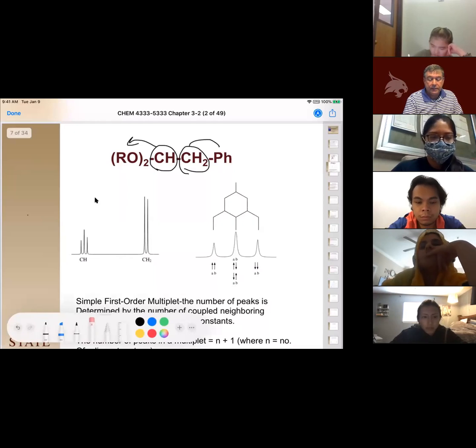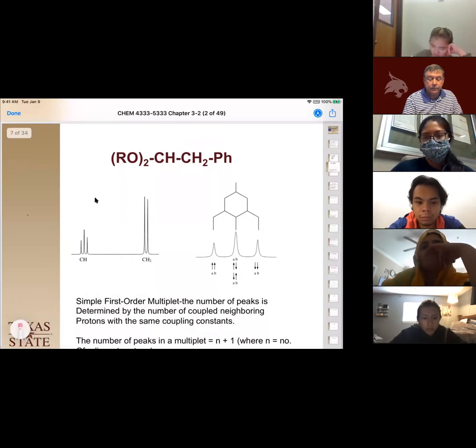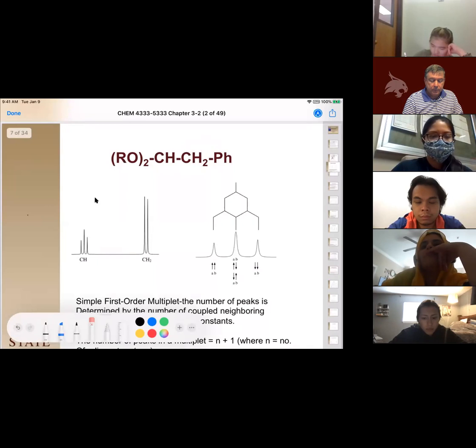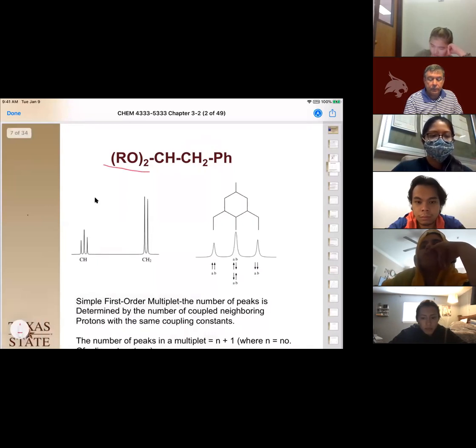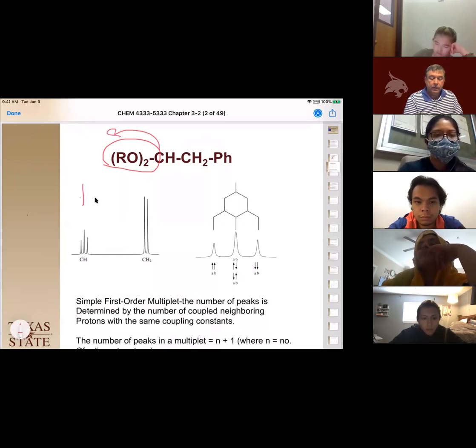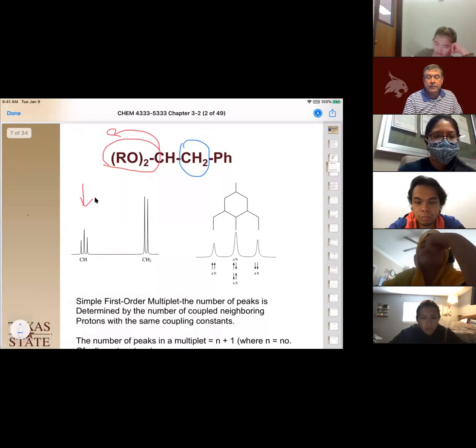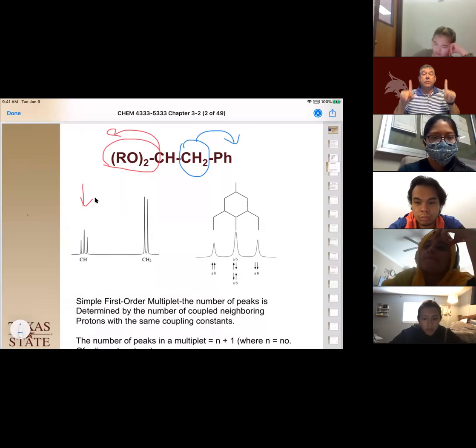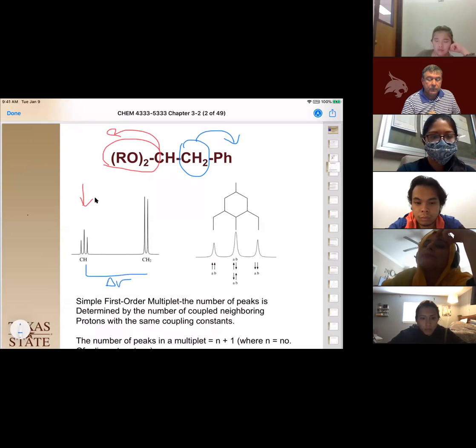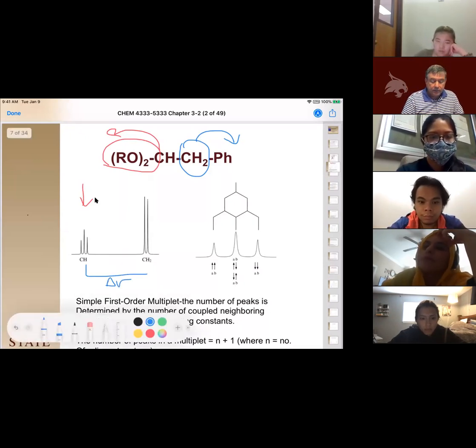So in this case, our hydrogen on the carbon next to these 2 oxygens is shifted higher than the hydrogens that are attached to this phenyl ring, okay? So that's the shift. That's the first separation we see, and that's the delta V, change in frequency or shift, okay?